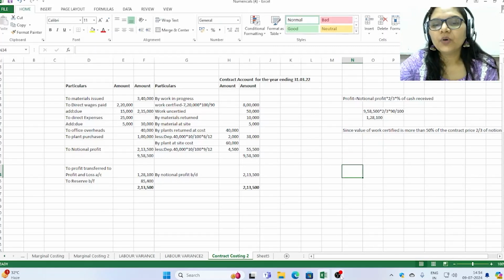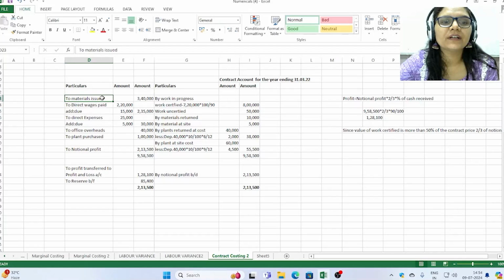For your more elaborate understanding, let me explain. We have taken two sides: particulars, amount, particulars, amount. This is the debit side, this is the credit side. On the debit side, we have written material issued, direct wages paid, we have added the due, direct expenses, added the due, office overheads, and plant purchased.